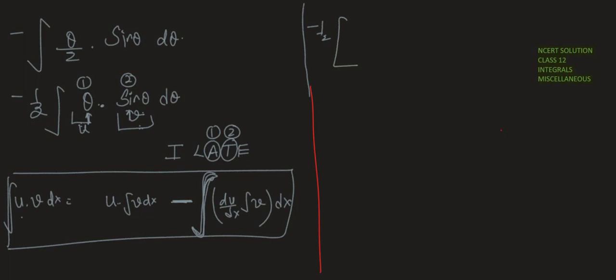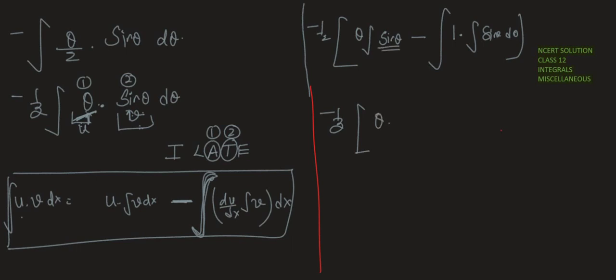Minus half, u as it is, integration of sin theta, minus integration of derivative of first. The derivative of theta will be 1. So minus half, theta as it is, integration of sin theta, which everybody knows is minus cos theta, minus integration of 1 times minus cos theta d theta.